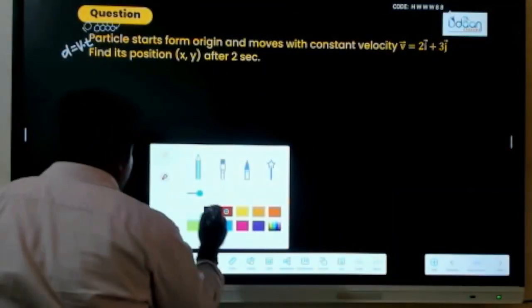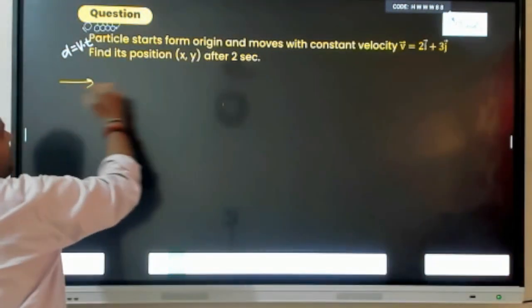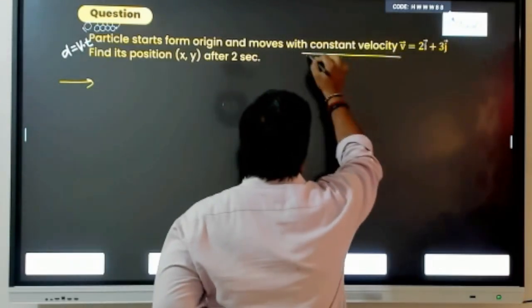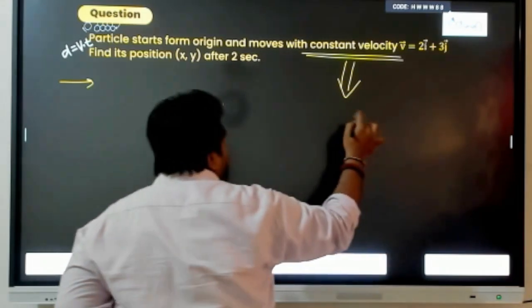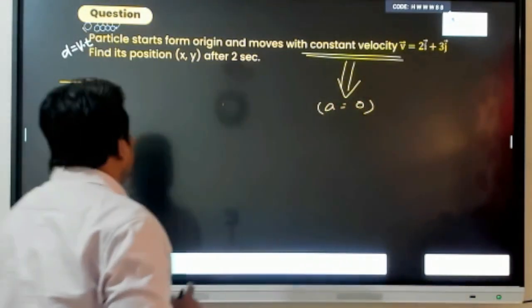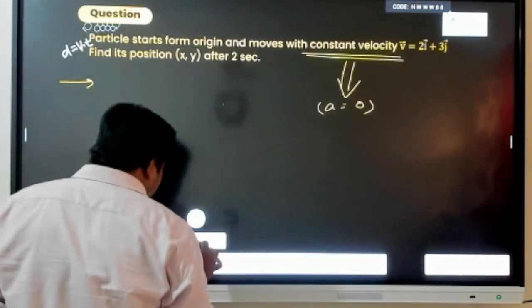Here they are saying that it moves with constant velocity. Constant velocity means definitely one thing must strike your mind: that acceleration is going to be 0. So if acceleration is 0, there is only one condition which is going to be applied here.